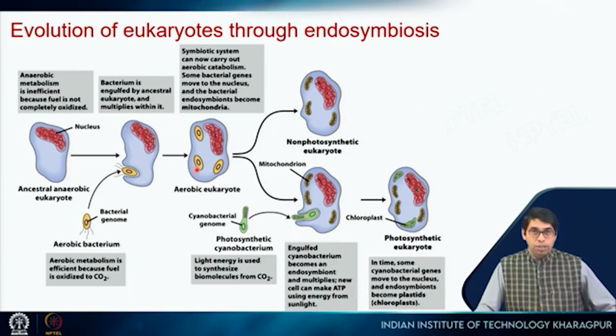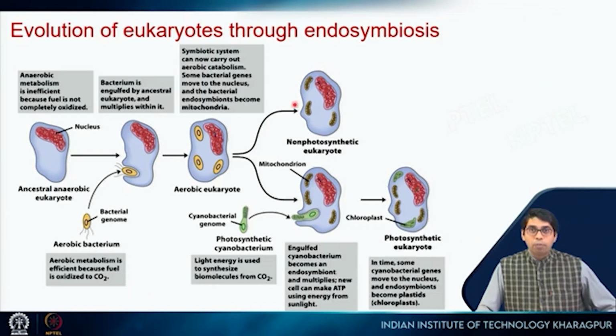Now some of the genes which were present in the bacteria are transferred from the genomic DNA of the bacteria to the genomic DNA of the eukaryote. So some of the bacterial genes move to the nucleus, and the bacterial endosymbionts become mitochondria. They lose some of their genes, but they do still keep some of the DNA. So there is mitochondrial DNA, right? And these bacteria ultimately become mitochondria, right?